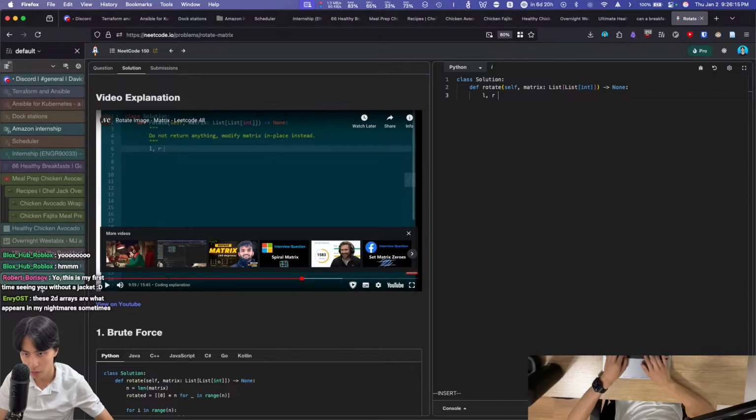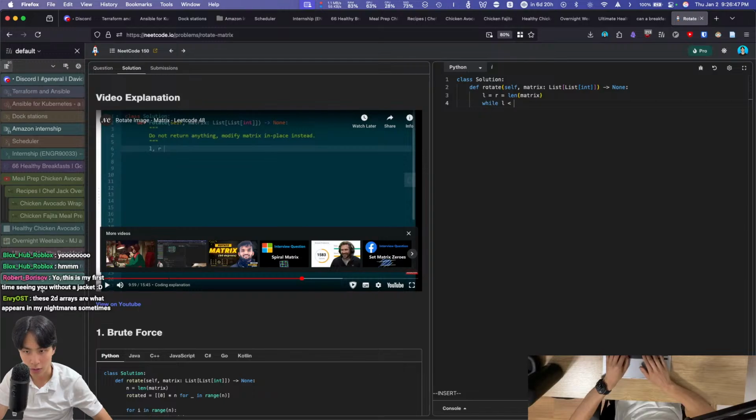L and R is equal to len of matrix. I know they're the same, so I can just go len of matrix.